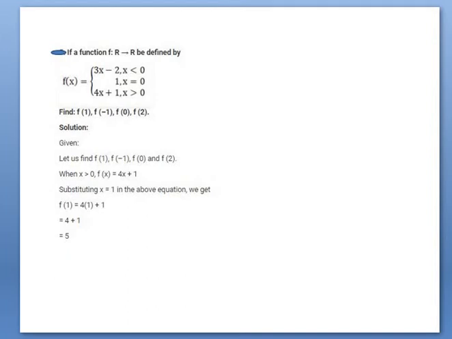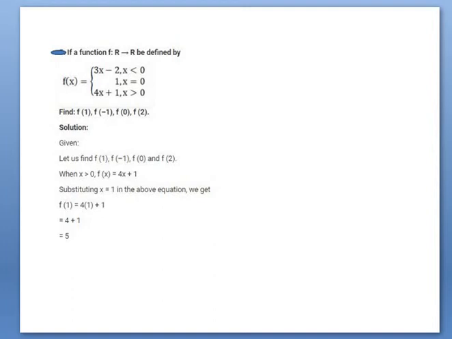Now the third example is, let a function f from R to R, and the function is defined as f of x is equal to 3x minus 2 when x is less than 0. That means if you take any negative value, the value of that function will be 3x minus 2.